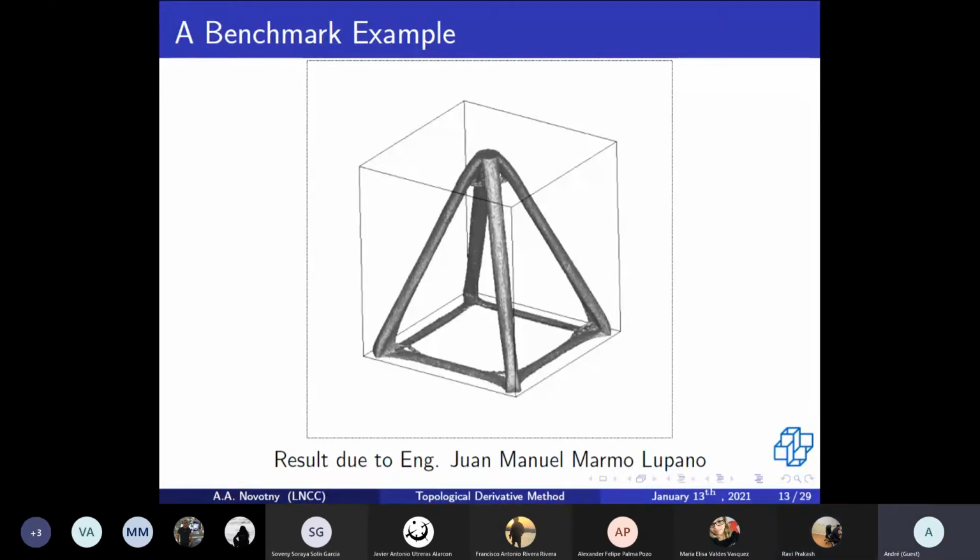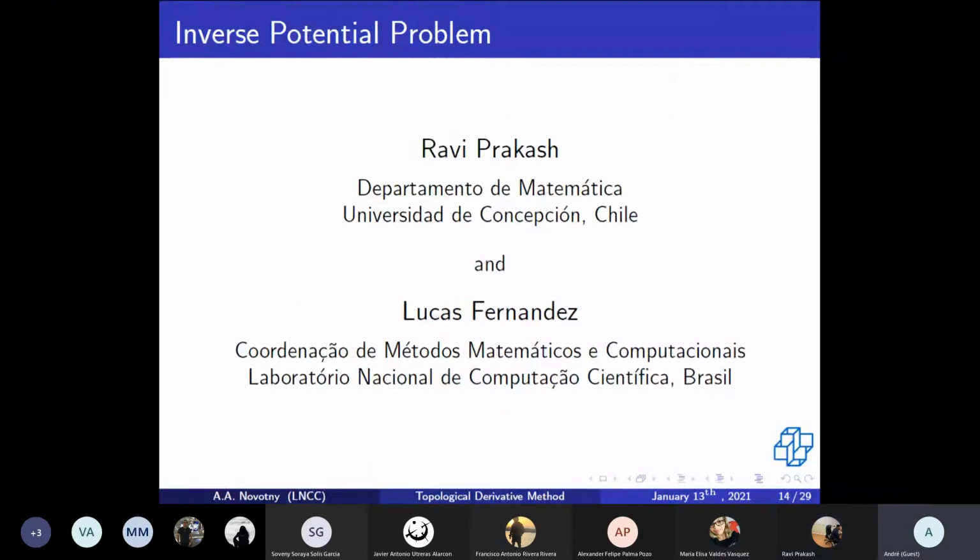So now let me present the main part of my talk, which, as I told, concerns applications of the topological derivative method to solve an inverse potential problem. This is a joint work with Professor Prakash and Fernandez, who is a former student from my institute.